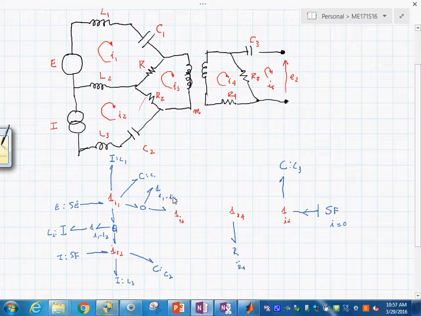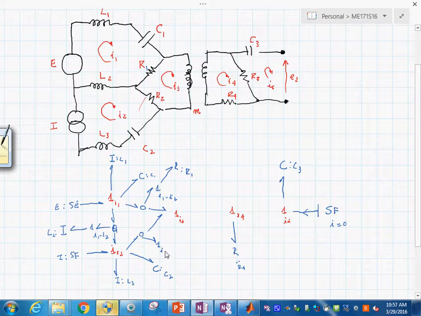And then between these other two, I sub 2 and I sub 3, you have also a 0 like this. This would be I sub 2 minus I sub 3.